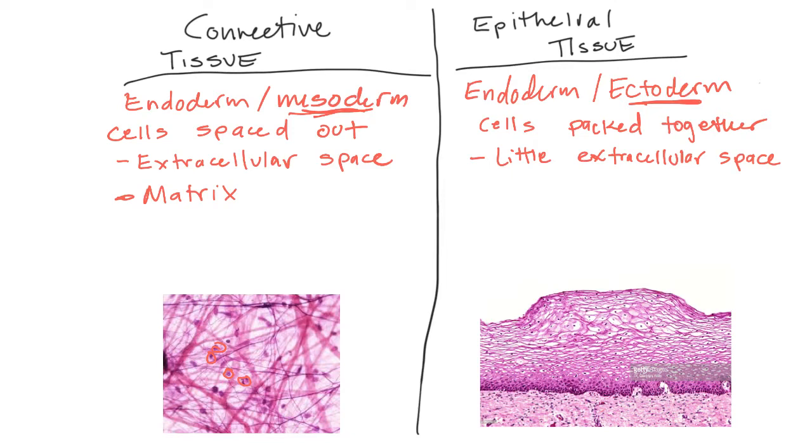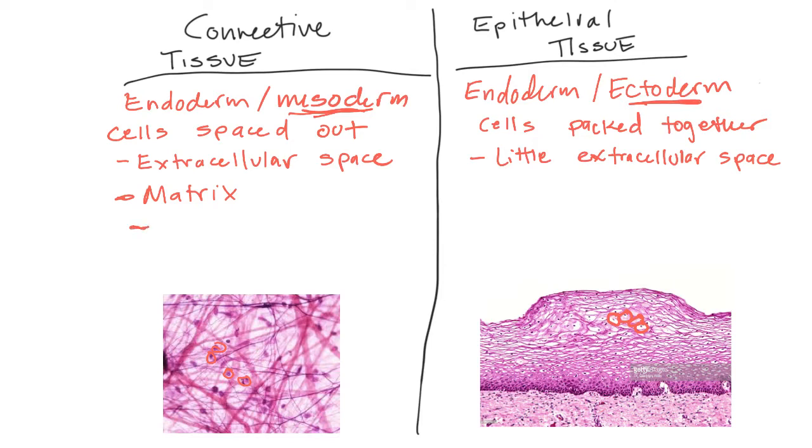Okay. So just by looking at them, you can see then, all right, this is epithelial tissue. All these cells are packed together. Okay, there's no space between them. We don't see it floating around in a matrix like we do in the connective tissue.